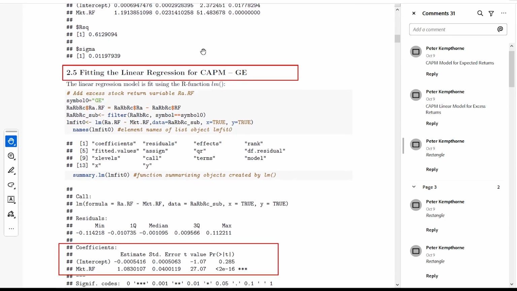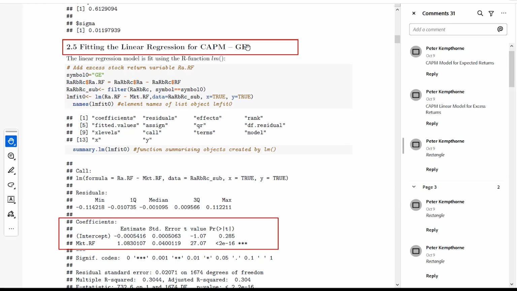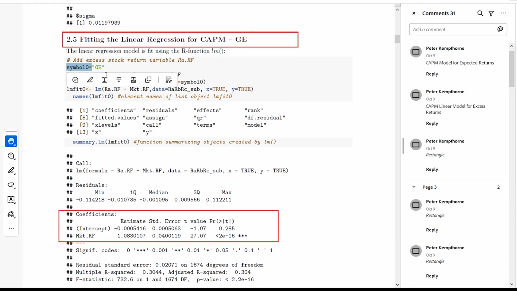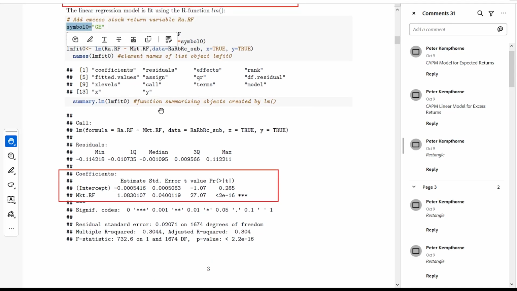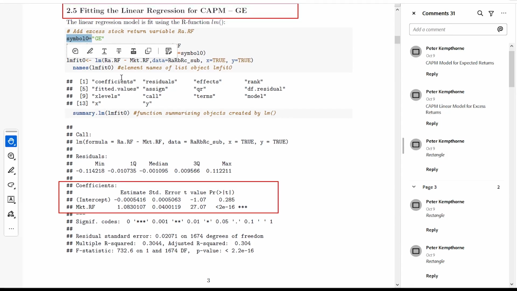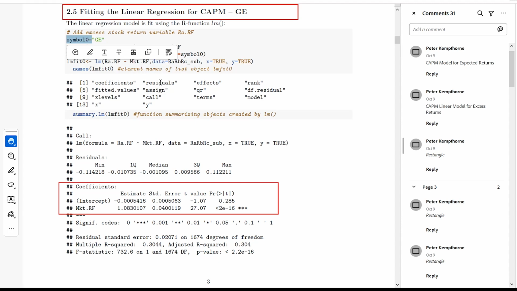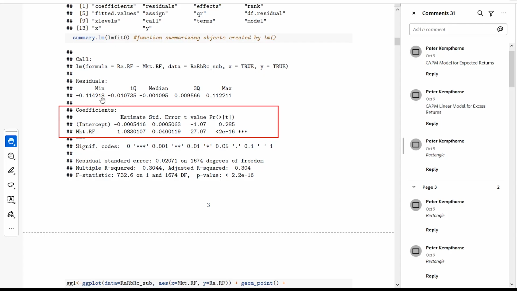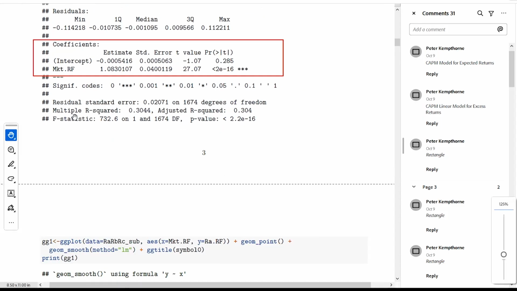But if we pick a particular stock, GE stock, and fit the regression model, in this code the only thing we need to do is specify the symbol for the stock, then extract from our data object the excess market return and the excess asset return, and then fit that regression, and we get this coefficients table here.